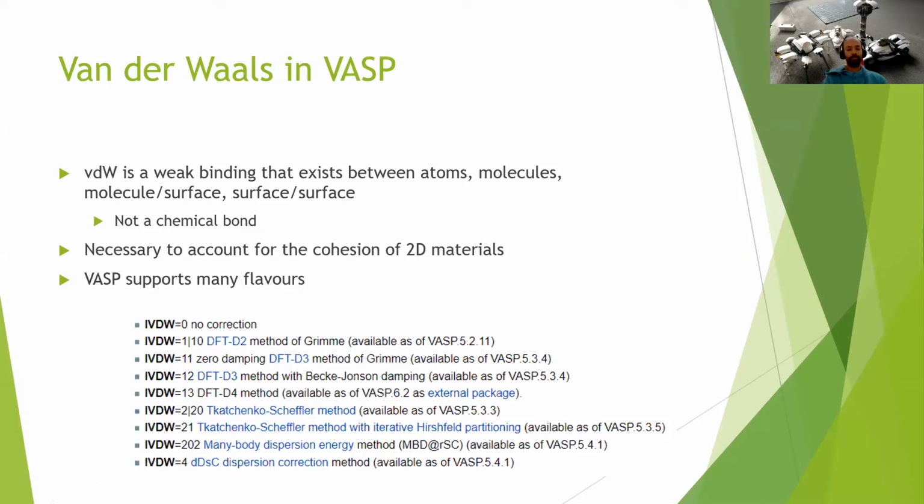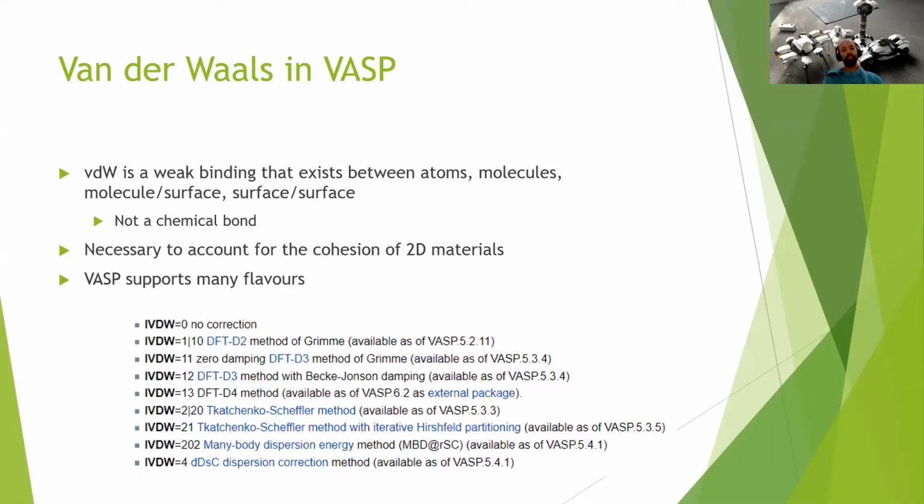There's also the Becke-Johnson damping, which is 12 instead of 11, and D4, which is very recent, only available starting from 6.2, and was introduced, I think last year or the year before, by the Grimme group as well, as a subsequent development after the D3 method.